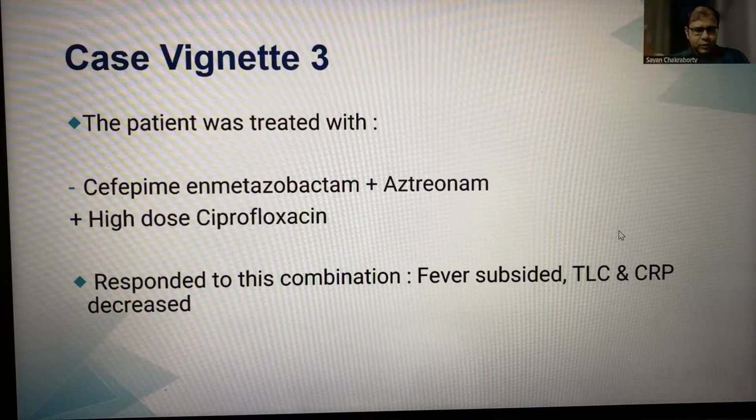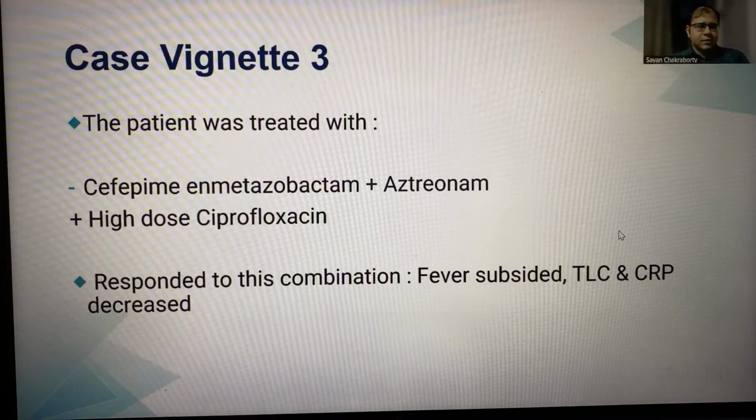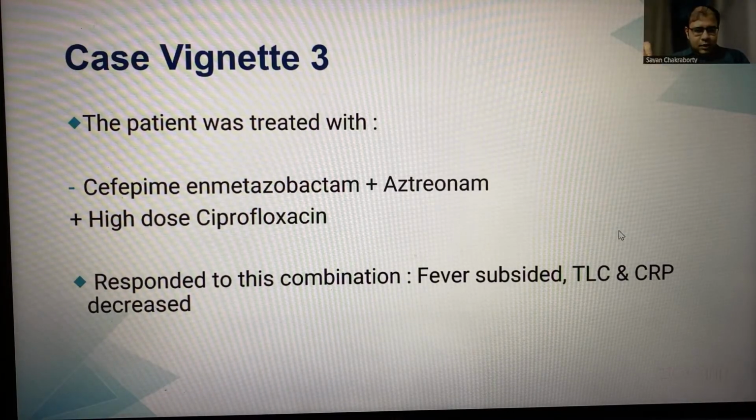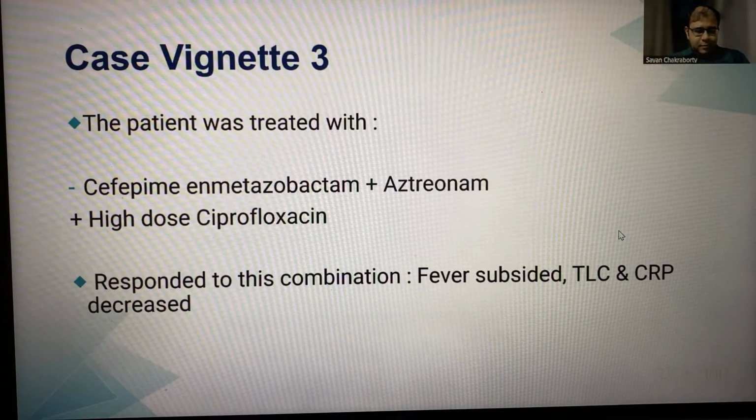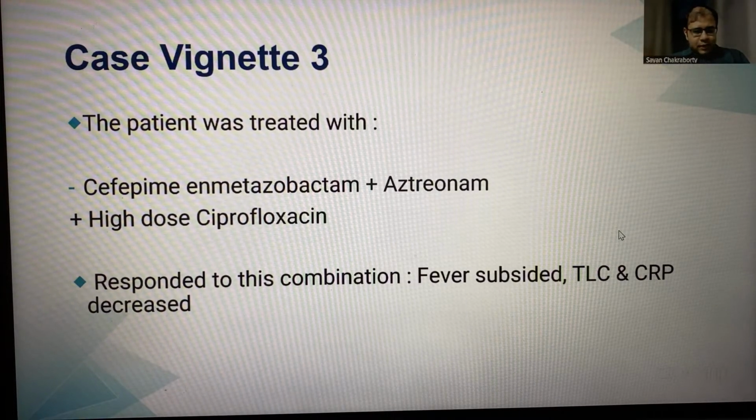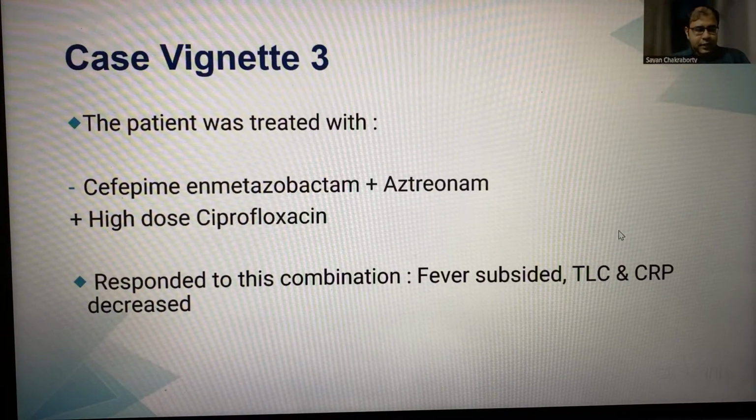We chose a very weird antibiotic strategy: cefepime-enmetazobactam with aztreonam and high-dose ciprofloxacin. There is no specific justification for this particular regimen. The reason we chose it is that cefepime-enmetazobactam has a high molecular weight and a bigger size.